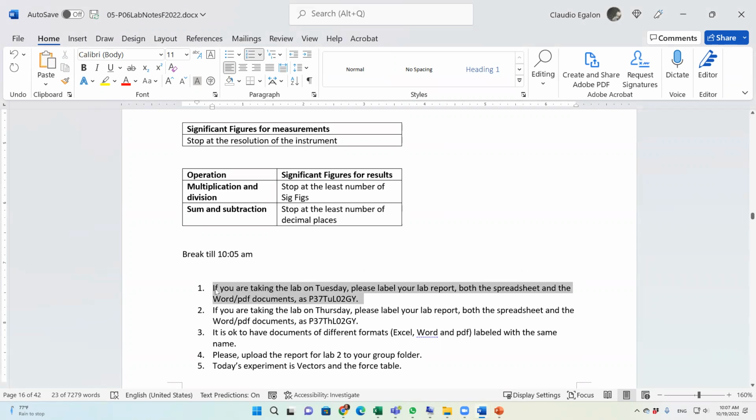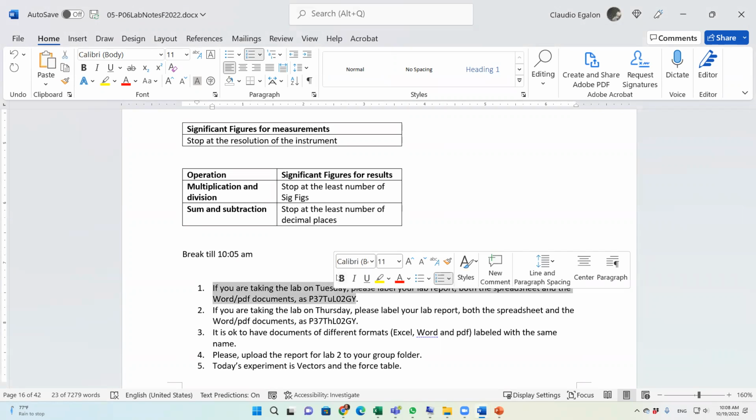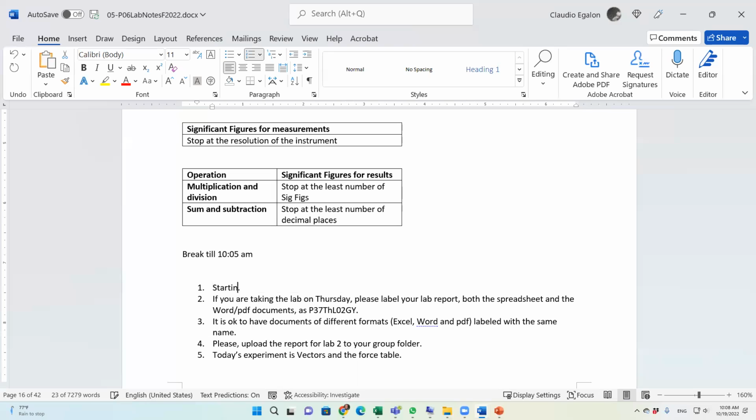Here you go. It's no longer applicable to you. Let me correct that here. Don't forget, starting with the report for lab 2.